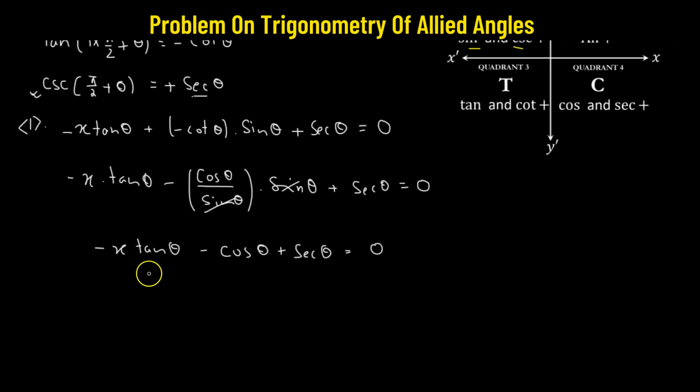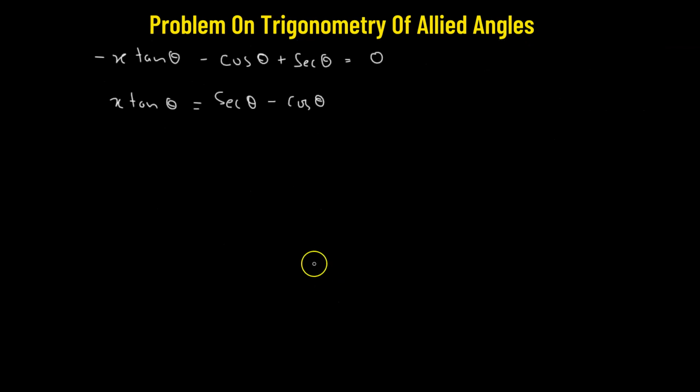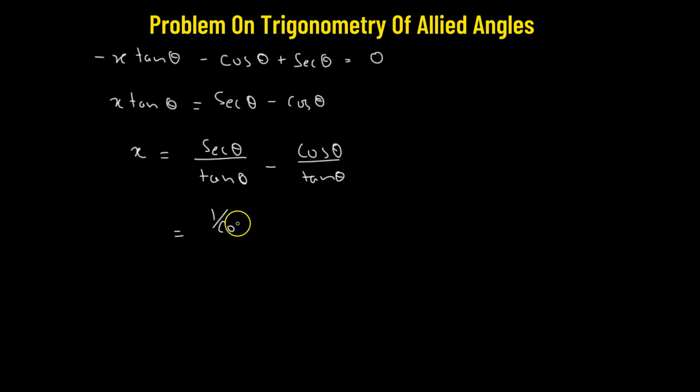Now we can further simplify this. We'll keep x times tangent theta on one side, and on the other side we're going to have secant theta minus cosine theta. Now let's divide both sides by tangent theta to find out the value of x. So we have x equals secant theta over tangent theta minus cosine theta over tangent theta. Now we know that secant theta is the reciprocal of the cosine function.